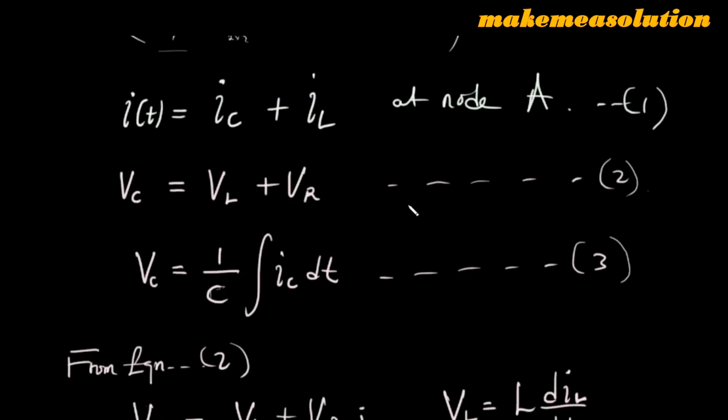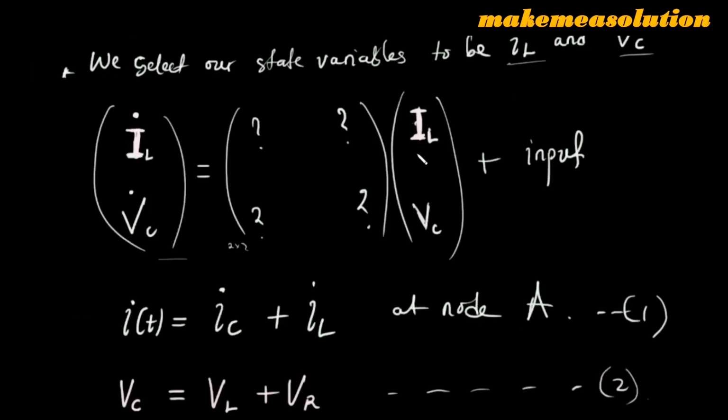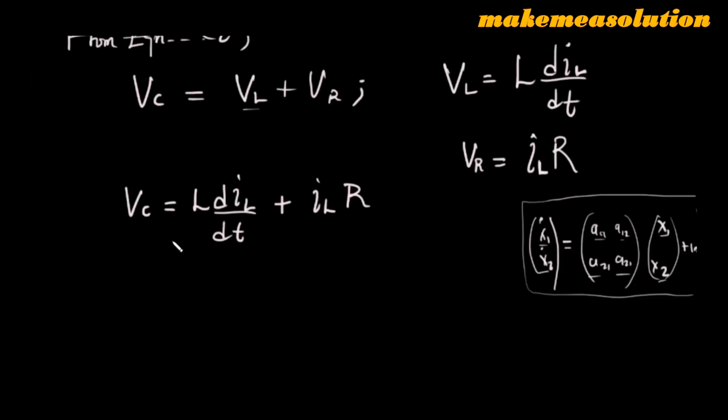Since I have identified my states as the inductor current and the capacitor voltage, I need to find the derivative of my states. From this particular equation, you can decide to make the derivative of the current your subject of the formula. So you can have L dIL over dt equal to minus IL R plus VC.